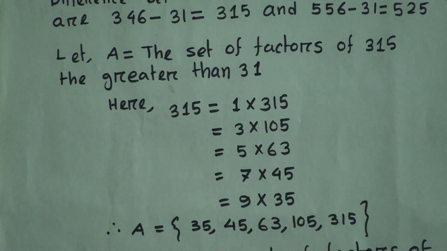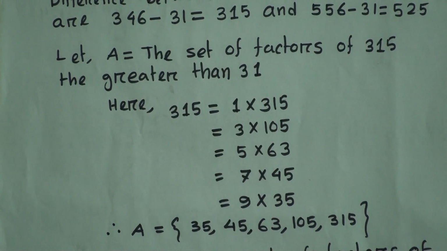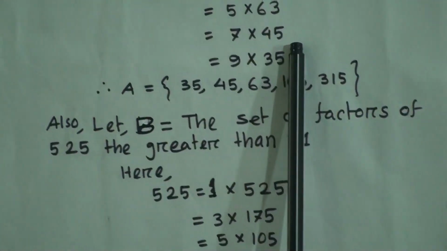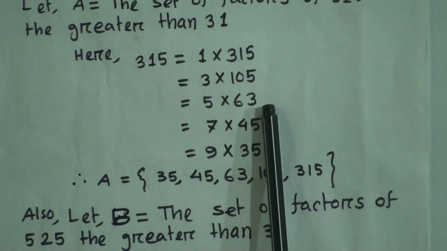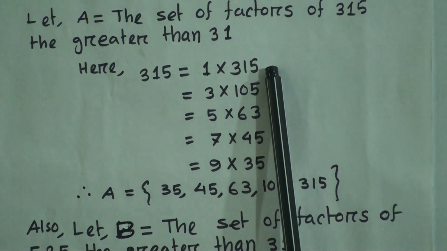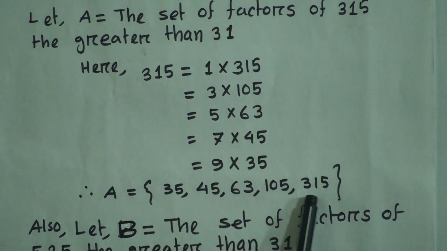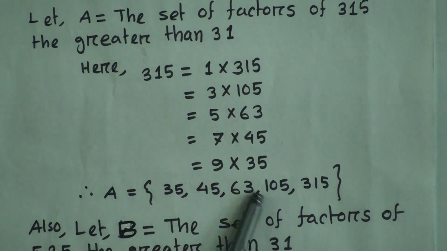Therefore, every factor we select must be greater than 31. So we select 35, 45, 63, 105, and 315. All the factors are greater than 31, according to the condition.